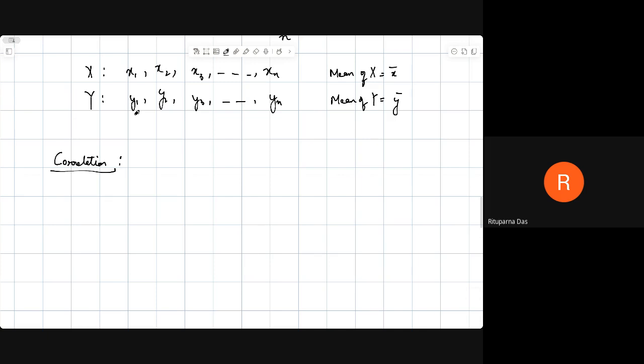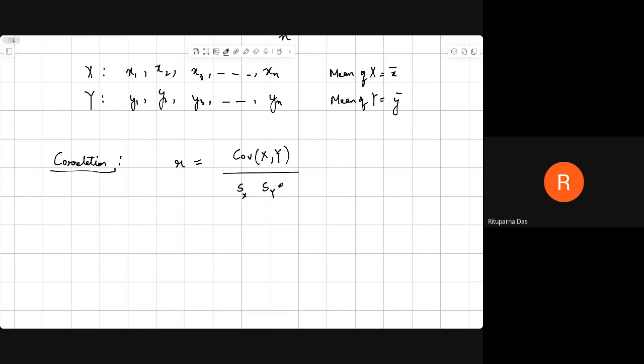X has x1, x2, xn. Y has y1, y2, yn. So the way to calculate the correlation coefficient, R is your correlation coefficient. To find that, you have to divide the covariance of x and y by the standard deviation of x and the standard deviation of y.